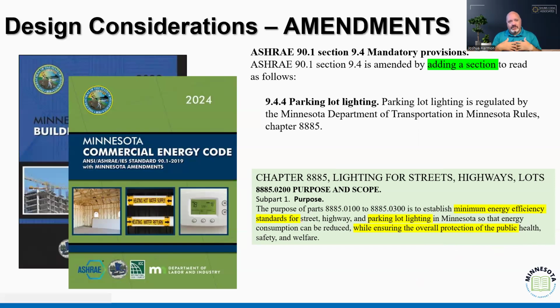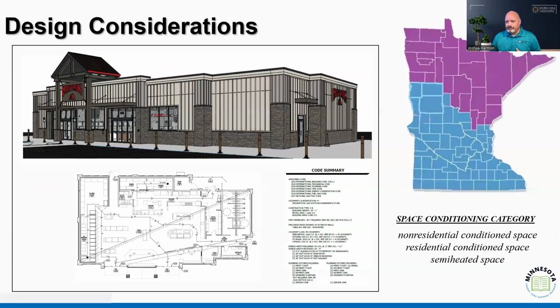So it gives us those basic expectations that parking lots and those kinds of scenarios are going to be as efficient as possible, but not at the expense of public safety. It's probably a bad way to put it, but that's really the intent of any code, right? We want to maintain public safety, health, and welfare over maybe some minor requirements.